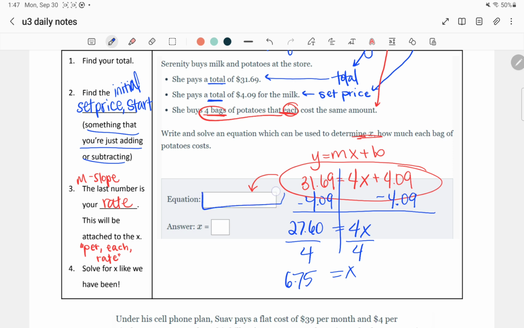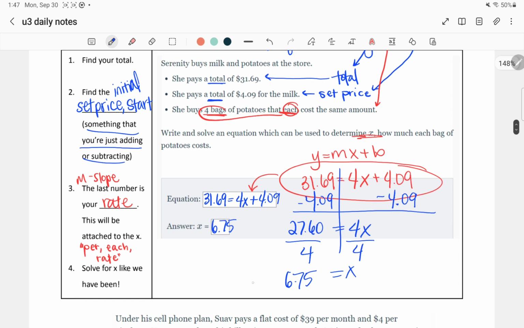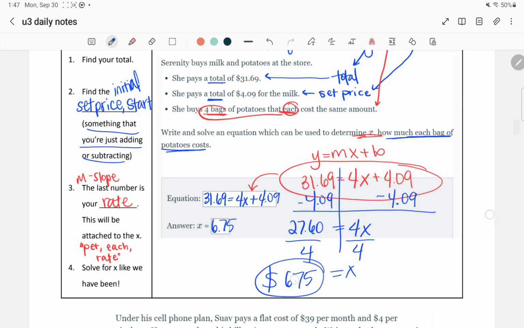So in my big box, I need to put the full equation before I have solved it. That's why it is a bigger box. And x all by itself equals 6.75. So what we're saying here is that 6.75 is how much each bag of potatoes costs. Each bag of potatoes is $6.75.